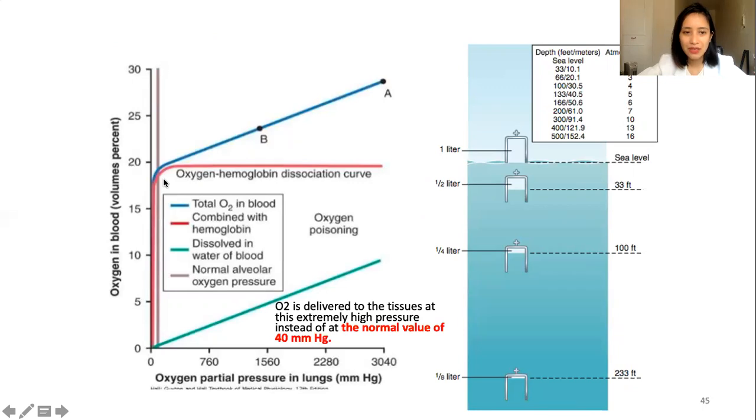So these graphs illustrate the changes in the oxygen in the blood. This is the total oxygen in the blood, this graph over here on top. And this is the graph of the amount of oxygen dissolved in water in the blood.